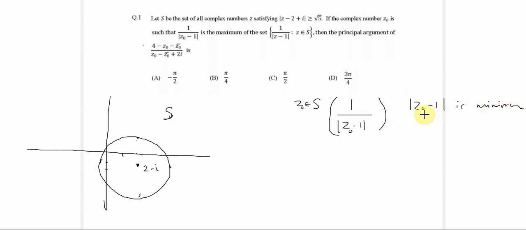It is the distance from z naught to the complex number 1. So we need to find points in S which are at the least distance from 1. And with geometric intuition, we know that that point is the one right here. Also I forgot to say this is greater than or equal to root 5, so points on the circle also come under S. So this is the point we need to find.